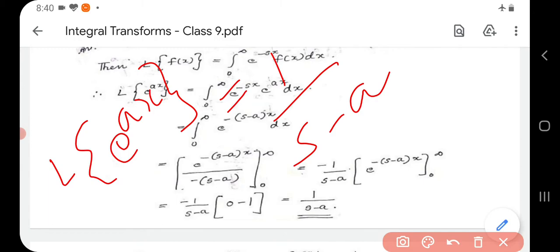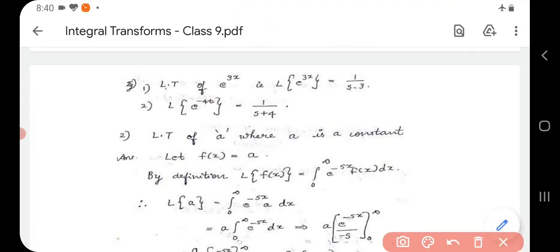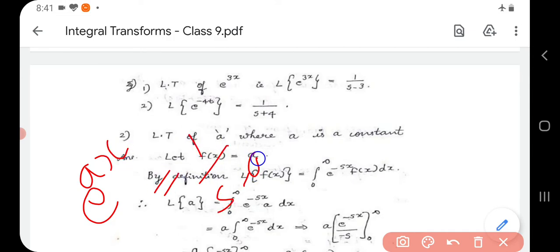So your question will be like this: Laplace transform of e raised to 3x. Definitely you understand that it belongs to the form e raised to ax. What was the formula? 1 by s minus a. Here what is your a? In place of a you have 3. So your answer will be 1 by s minus 3.